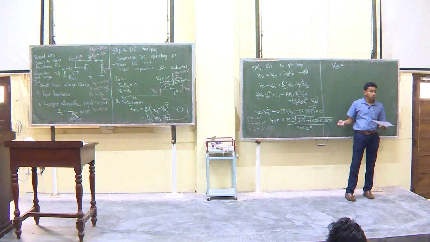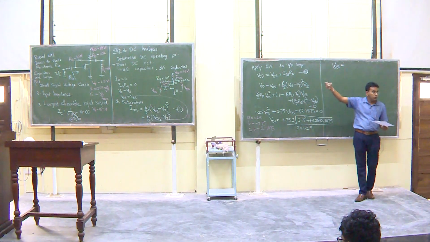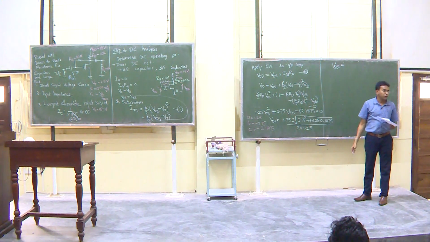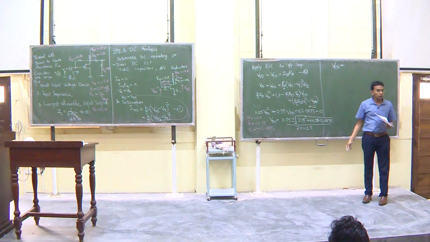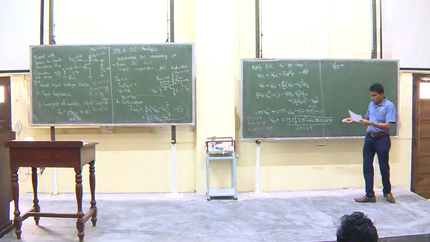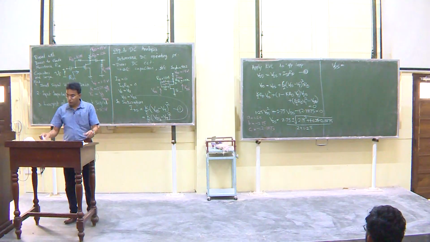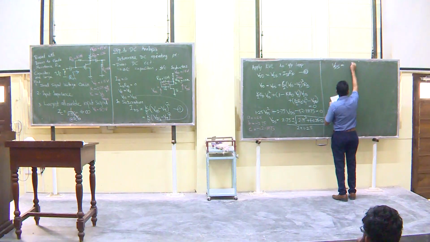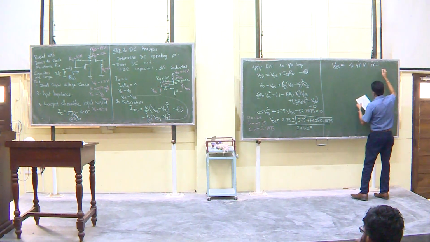You can't have a negative VDS for this setup. At least to be in saturation it has to be positive, plus you only have a positive supply. So, anyways, you can't have a negative value. So, the two values that you get for VDS are either 4.41 volts or minus 2.21.